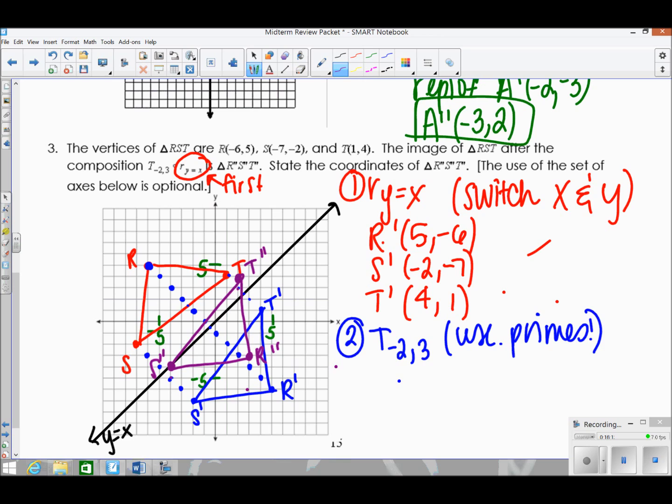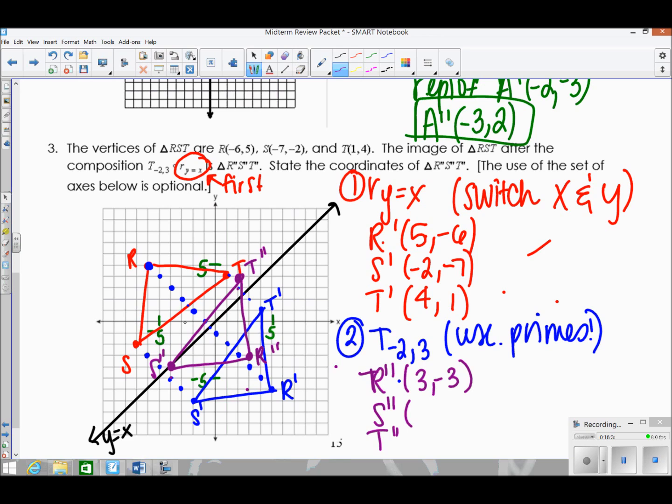So then basically from here, you just have to copy these coordinates down and you're all done. So let me do these in the same order. R, S, T. So R double prime is at the coordinate 3, -3. Which if you look up here, I should be subtracting 2 from x, which I did. 5 minus 2 gave me 3. -6 plus 3 gave me -3.